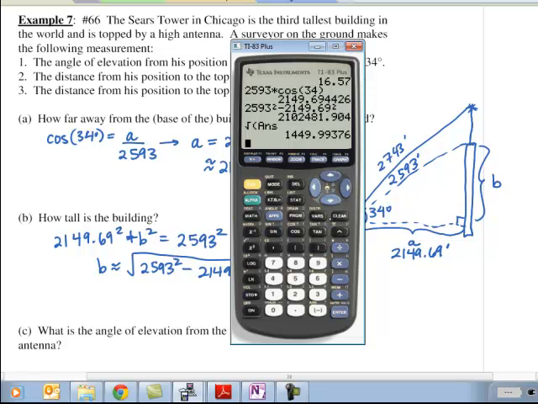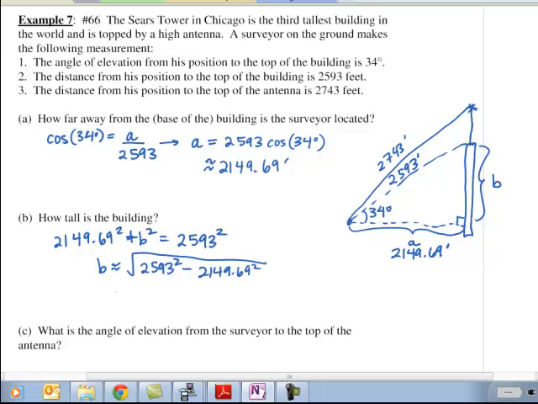It looks like 1450 if we round to the nearest hundredth. So the building is 1,450 feet.